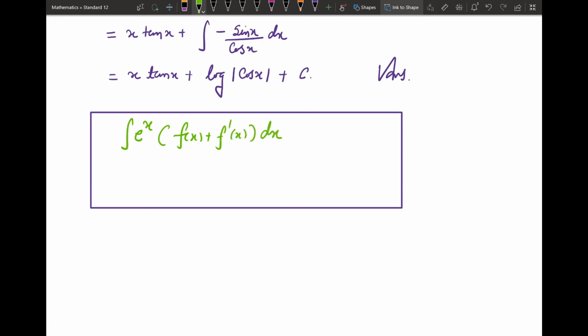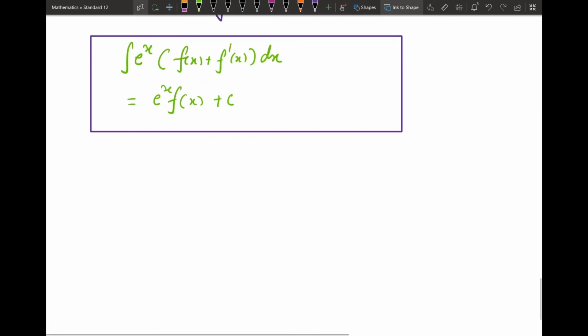For such type of function, the integration is e raised to x into f of x plus constant of integration c.